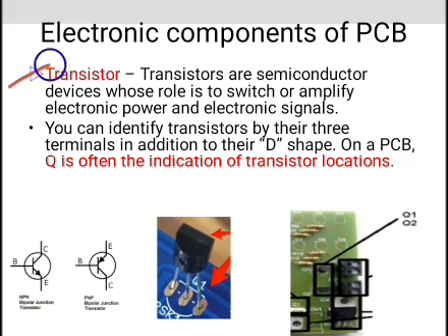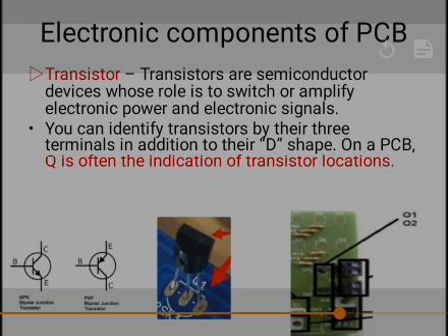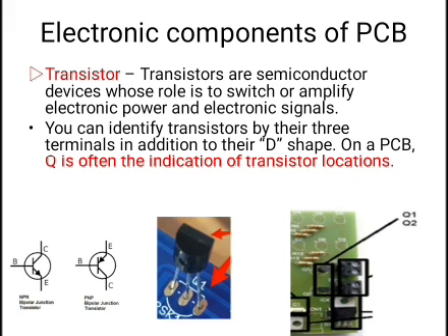Next, transistor. The transistors are semiconductor devices whose role is to switch or amplify electric power and electric signals. They come in several types, with the bipolar transistor as the most common type.